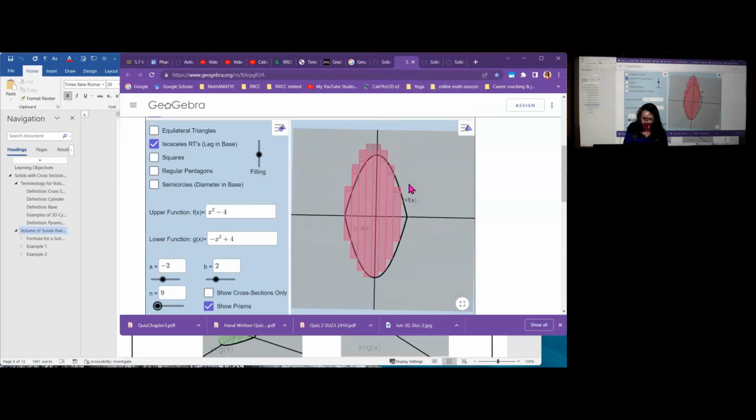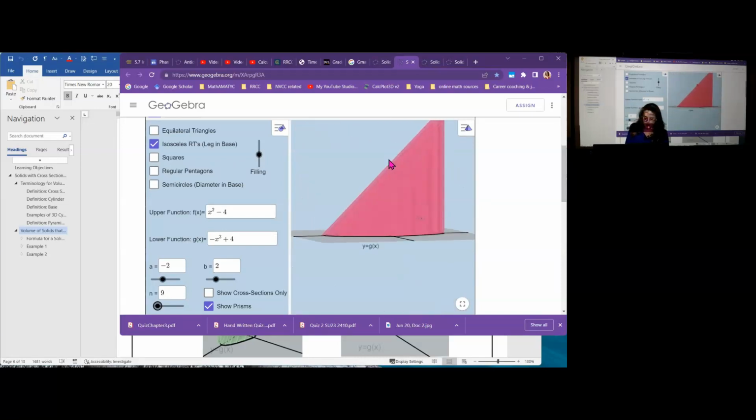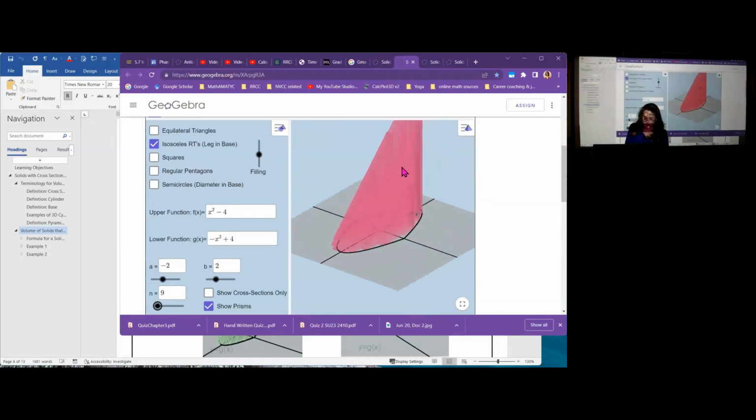Here you can see, again, the graph of f of x on the top and the graph of g of x on the bottom. In this case, I've set them all to be isosceles right triangles. Isosceles means two of the sides are the same length, and it's a right triangle, so I have a right angle in the corner.